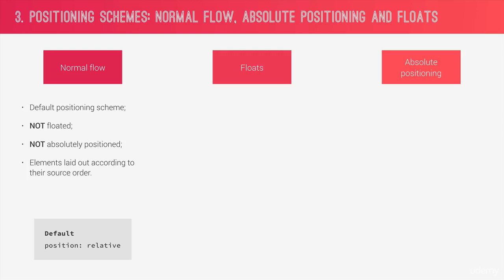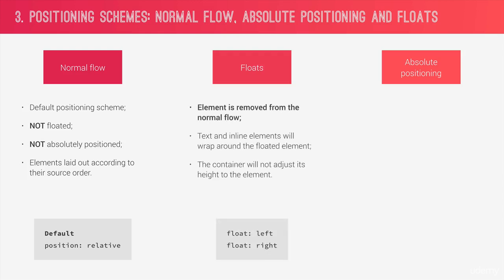And what the normal flow means is that the elements are simply laid out on the page in a natural order in the code. The next positioning scheme is when you use floats. The float property causes an element to be completely taken out of the normal flow and shifted to the left or right as far as possible until it touches the edge of its containing box or another floated element.